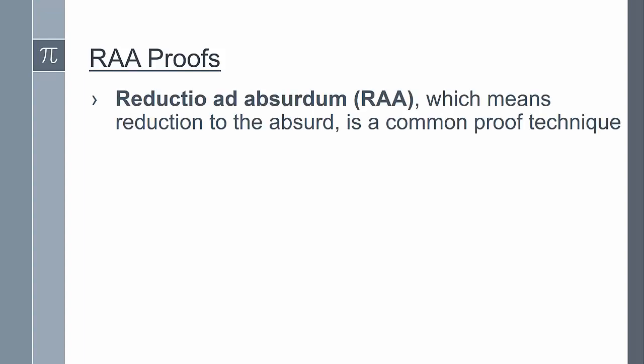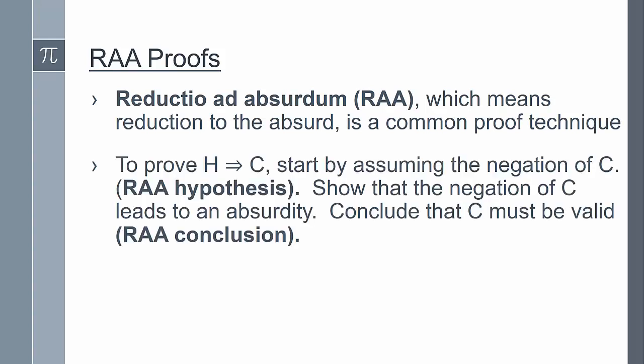Next, we'll talk about the most common type of proof that we'll see in this textbook. This is called a proof by reductio ad absurdum, which we'll abbreviate RAA. In an RAA proof, where RAA means reduction to the absurd, we want to prove a theorem.